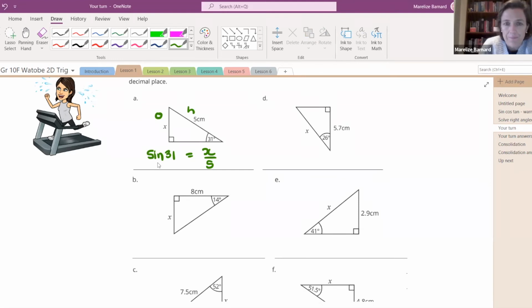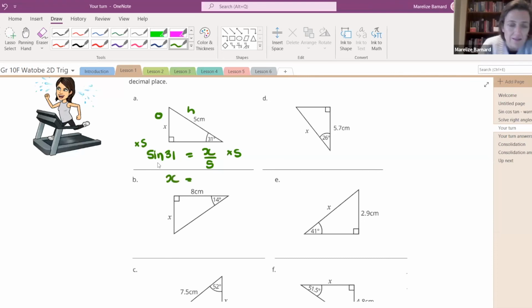Right, since we are already busy with this one and time is up, we're going to solve for x here. We solve for x by timesing both sides by 5. So we're going to times by 5 and times by 5 here as well.